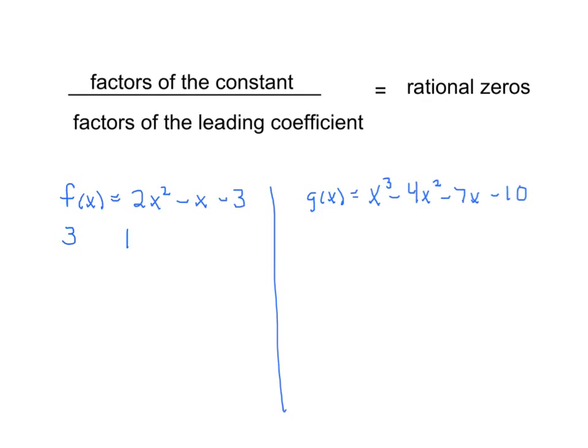Now plus or minus, because it could be positive or negative, we don't know. And then the factors of 2 are 2 and 1, so we could put in either of these over 2, or we could put them over 1.